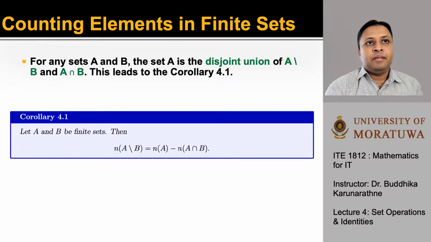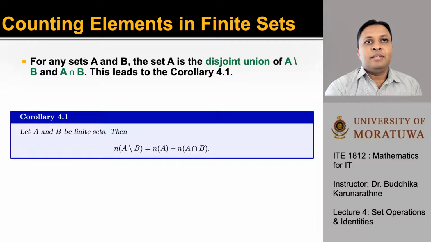Then the number of elements in the difference of A and B is equal to the number of elements of A minus the number of elements of the intersection of A and B. This is also straightforward to understand, because A and B are not disjoint, which means they have some elements in common.